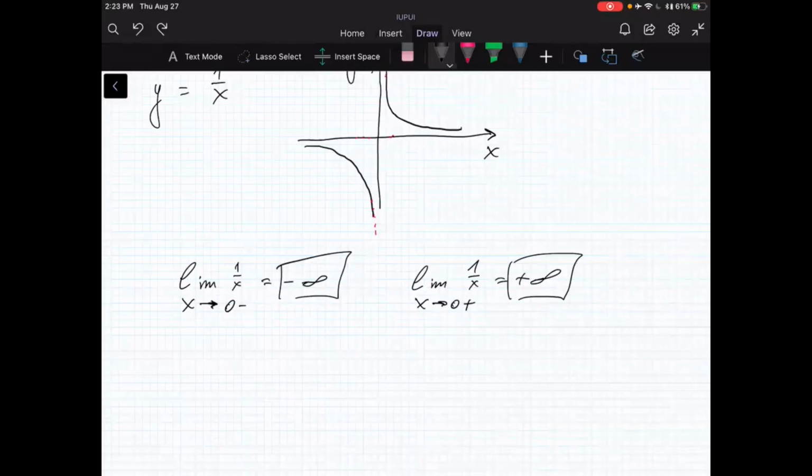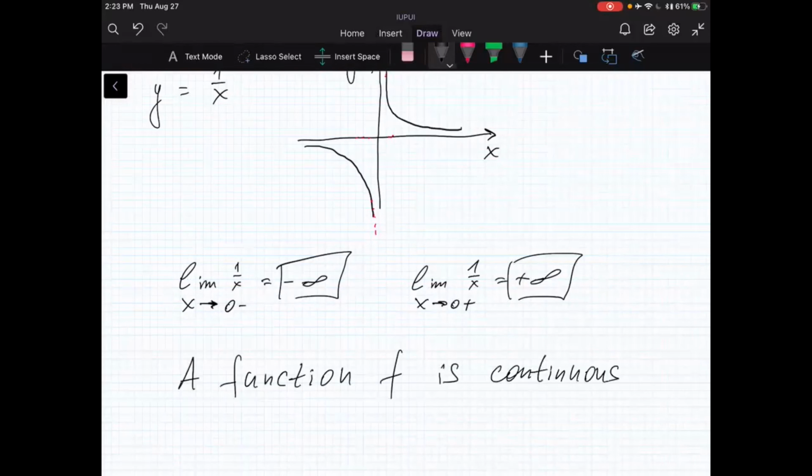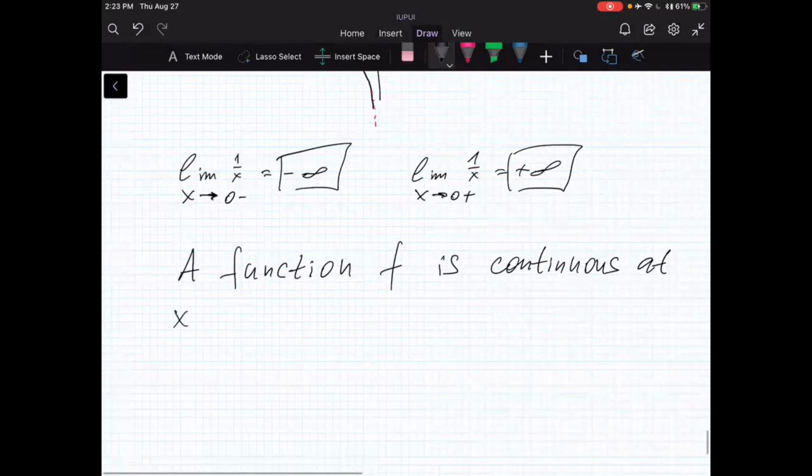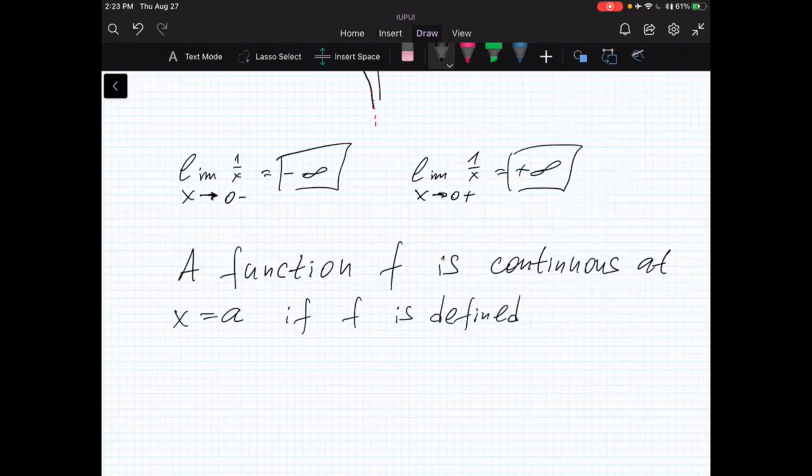So say f is continuous at point x equals a if f is defined at point a and the limit of f of x as x goes to a is equal to f of a.